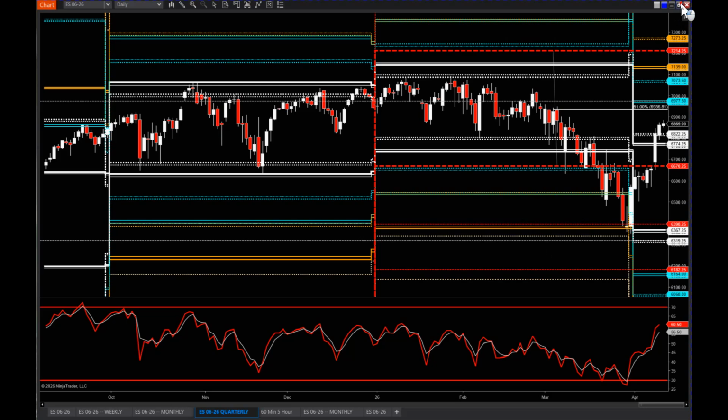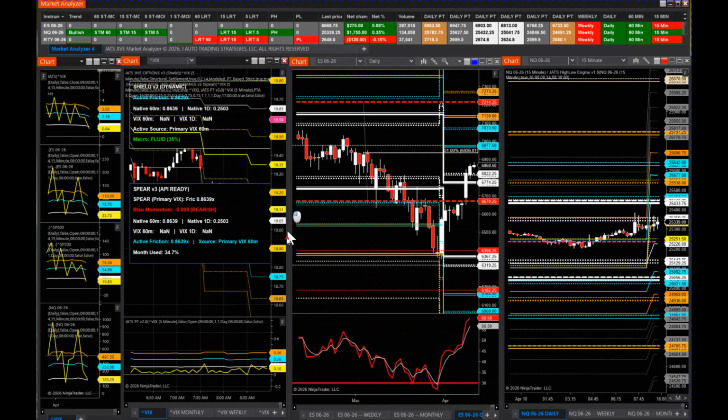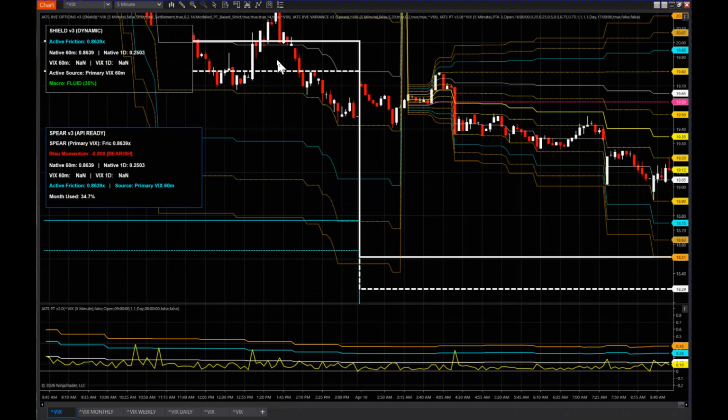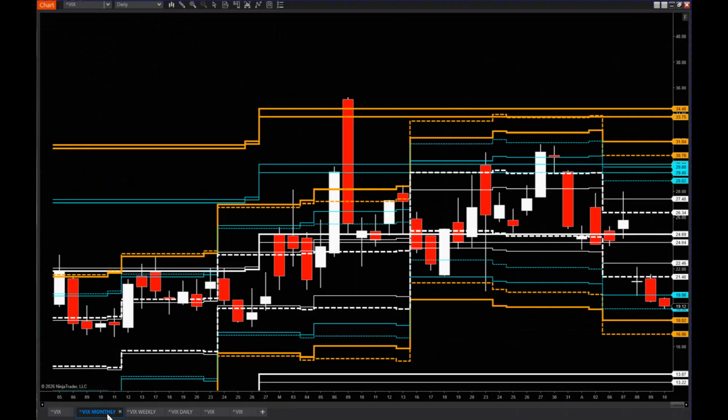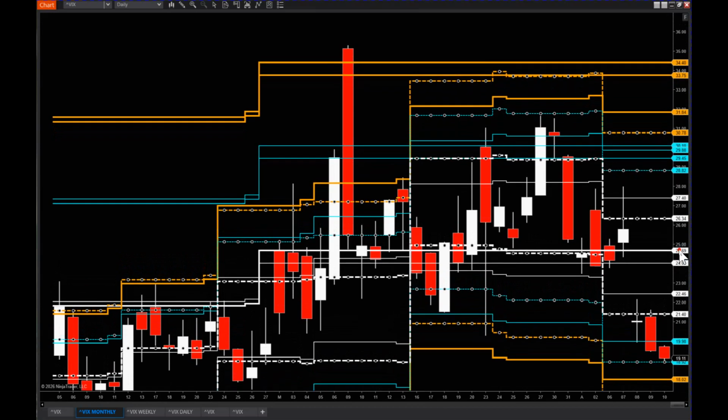But we've run into some resistance today at these statistical levels, and here we are on the monthly 2 for the VIX, and that caught a bid, 18.92, right on the line.